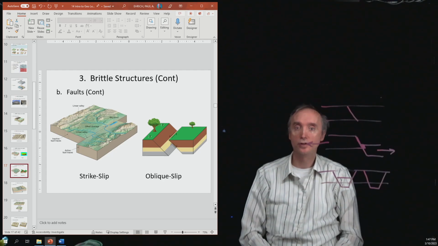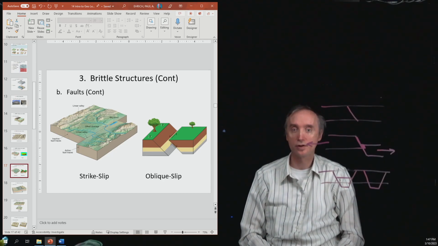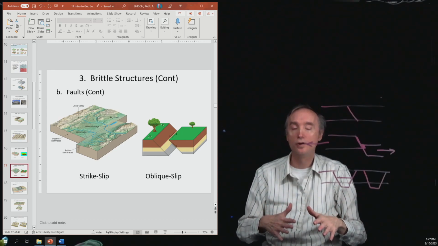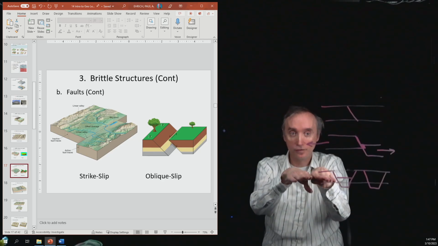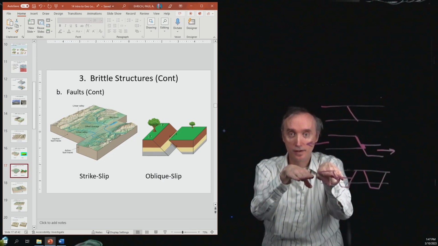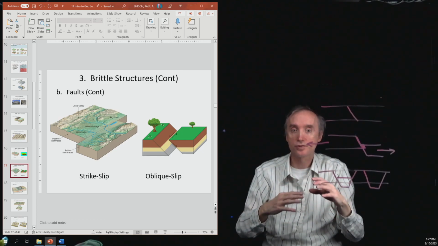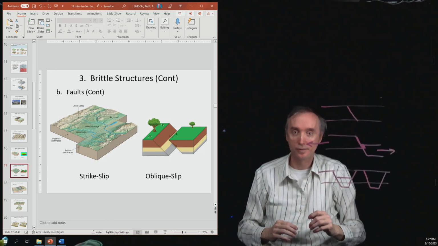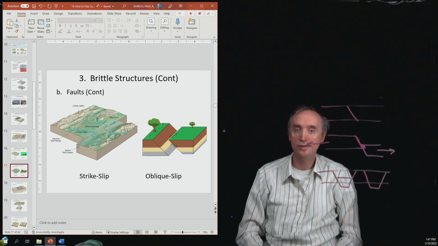Okay, then you can also have a strike slip fault. This is going to occur whenever you have shear forces. Whenever the forces are like this, that's going to make the rock break like that, and that's going to be called a strike slip fault. There was one thing I wanted you to notice: do you see the little river there?